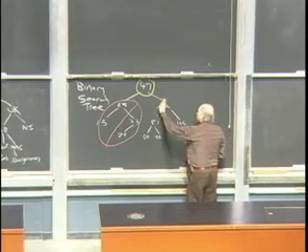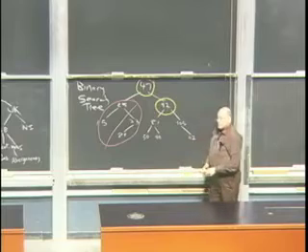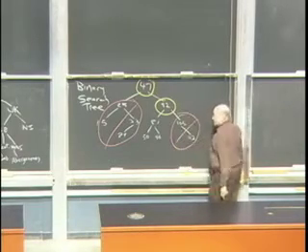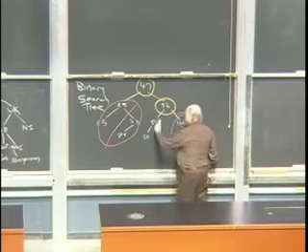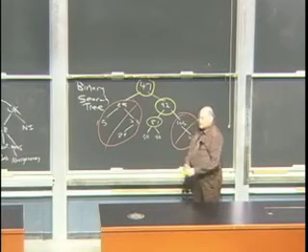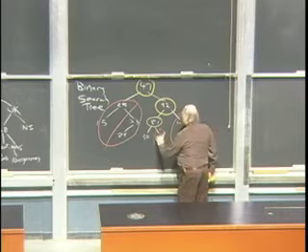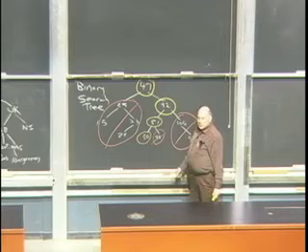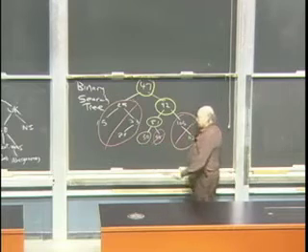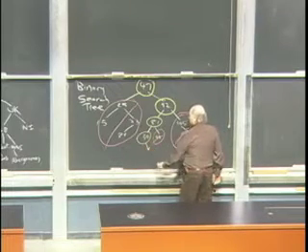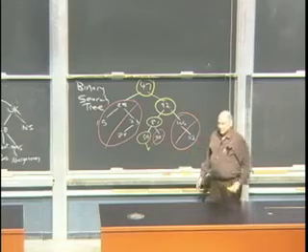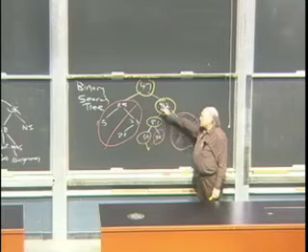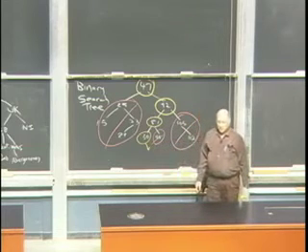So now let me look at 92. That's bigger than 70. So I don't have to look at any of these. So now I look at 81. That's bigger than 70, so I don't have to look at this. I look here. That's less than 70. And so I look at its right child, but there isn't any. And therefore I know that 70 is not in this tree. And to find out, I only had to look at 4 nodes.